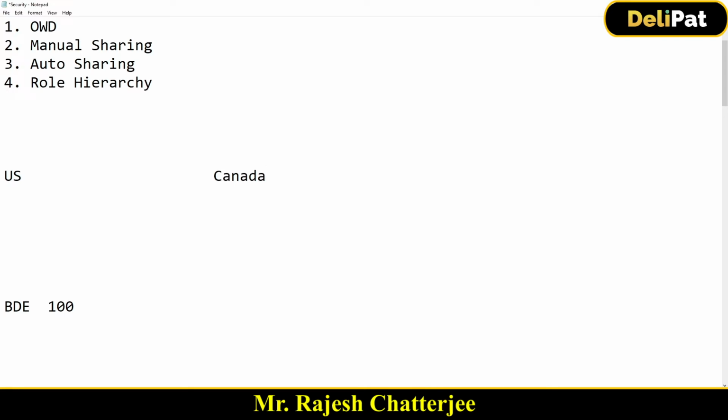They had some business development executives working in the US and others working in Canada, and the total number of BDs was 100. The BDs' job was to visit each and every nearby hospital, drop off the sample product, get the feedback, and get the deal done.